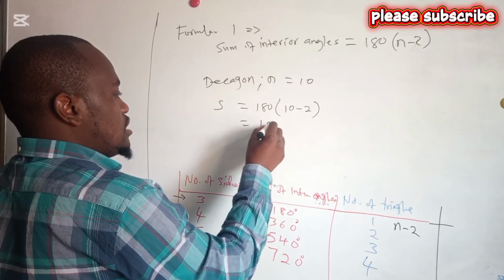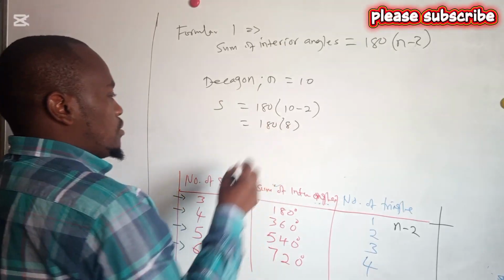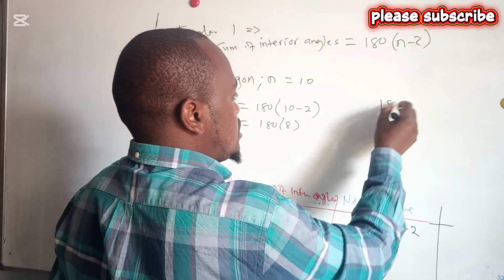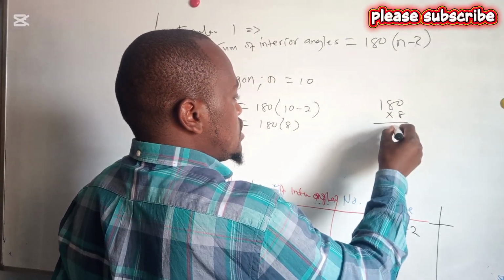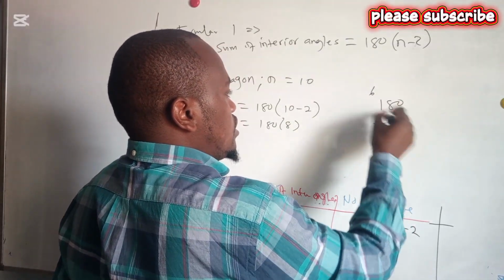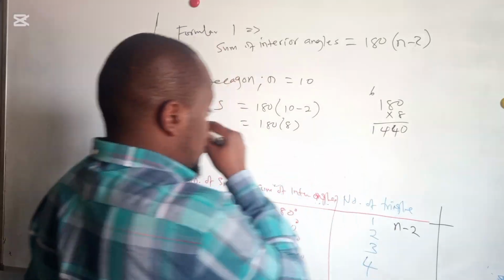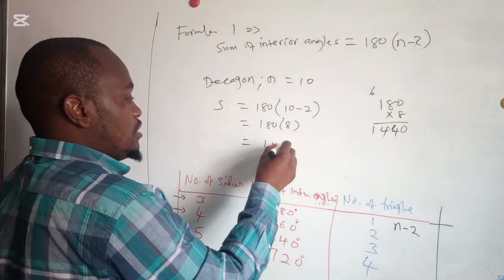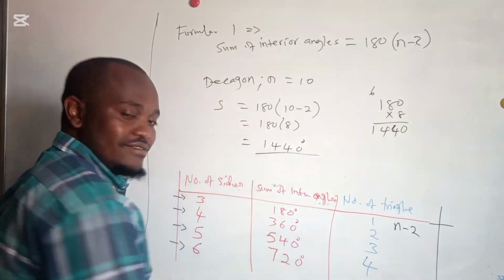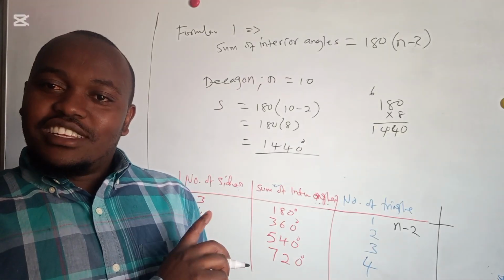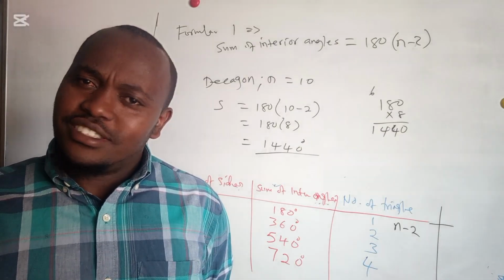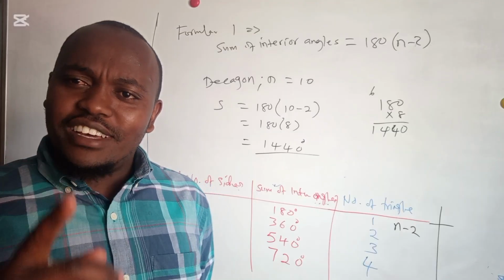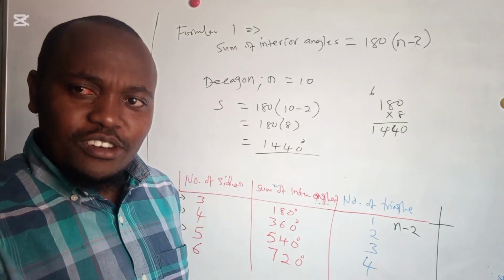This is 180 in brackets 8, or 180 times 8. So this 180 times 8 should be 1440. So the answer here is 1440 degrees. So can you fail such a question when you're told to find the sum of interior angles? See, I told you, you will never fail a question on polygons again.